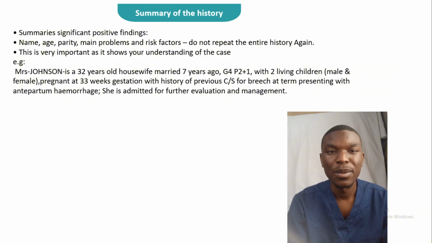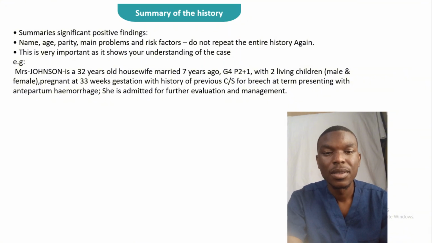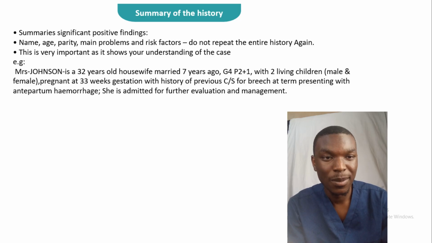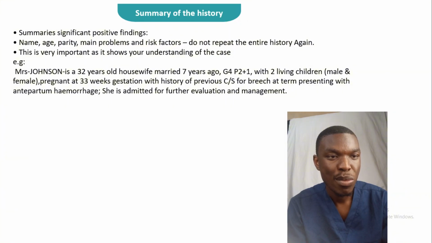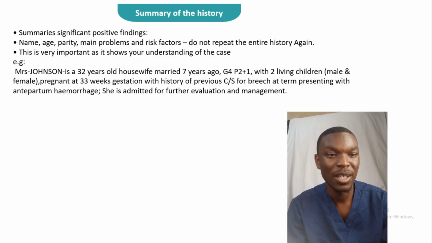Let me give an example here. Mrs. Johnson is a 32-year-old housewife, married 7 years ago. So already you have picked the age, you have picked the occupation, so you know the woman you're dealing with.